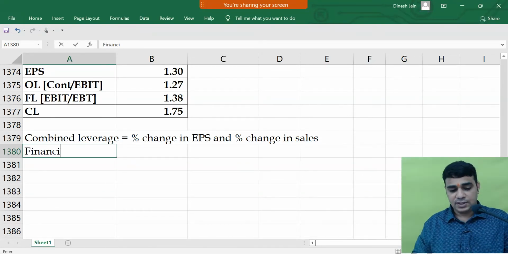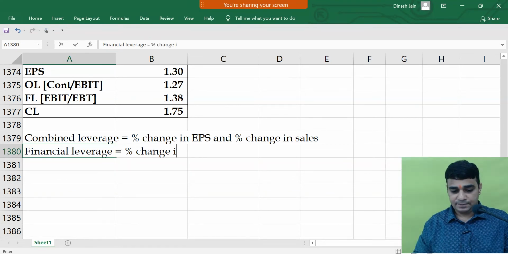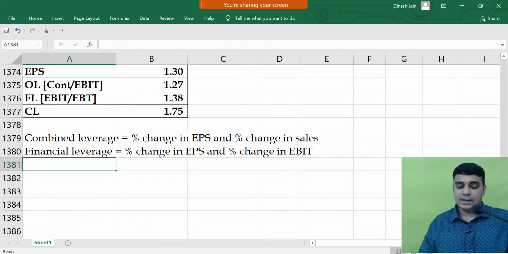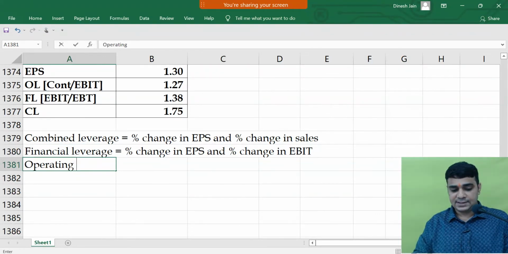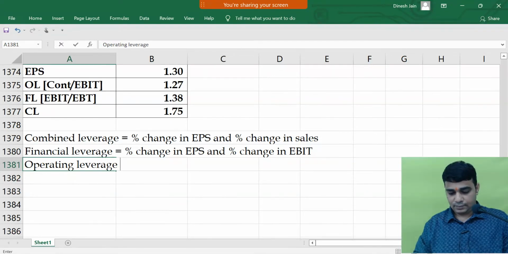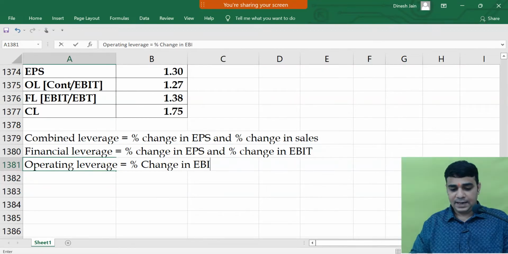Your financial leverage links percentage change in EPS and percentage change in EBIT, and your operating leverage links percentage change in EBIT and percentage change in sales.